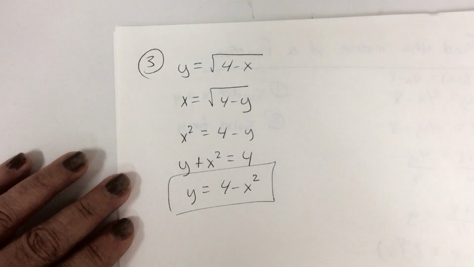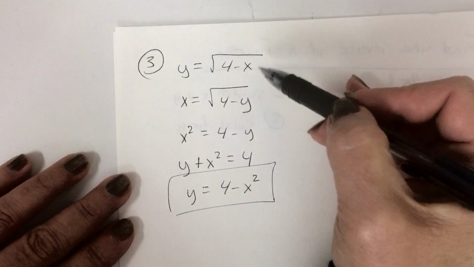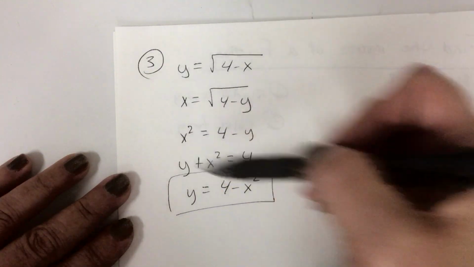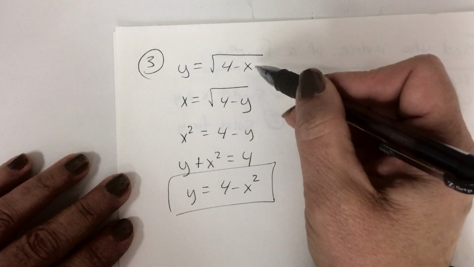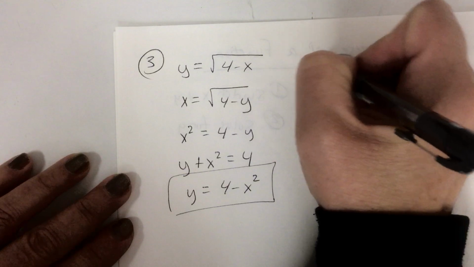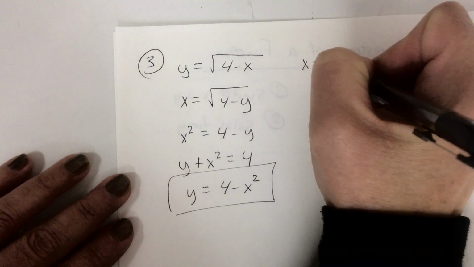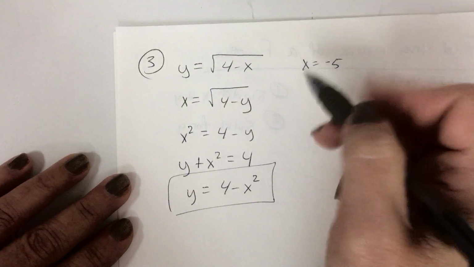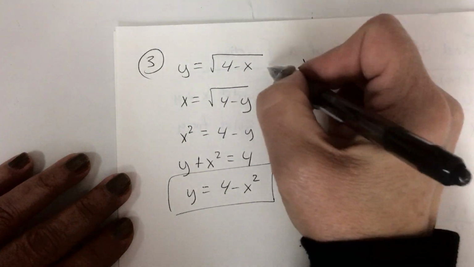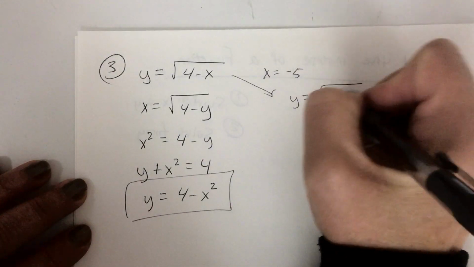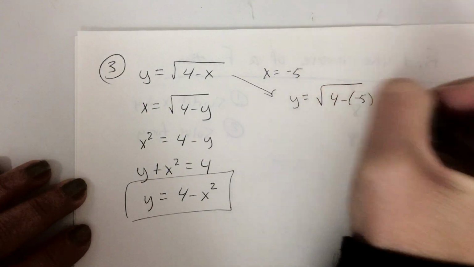Now keep in mind, what this means is if you plug a number in for x and get a y, then it undoes it over here. So let's say x is equal to negative 5. Okay? If x is equal to negative 5, then if I use this function, y is equal to the square root of 4 minus negative 5.